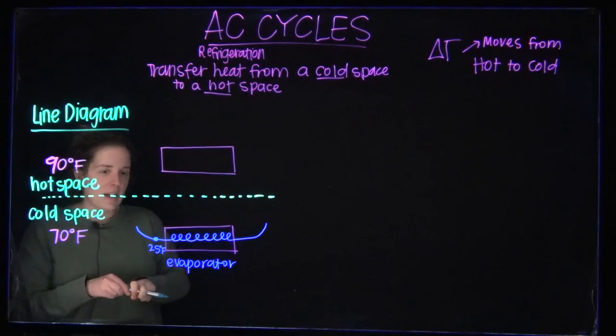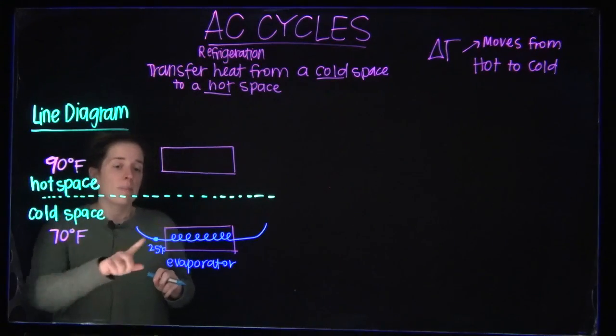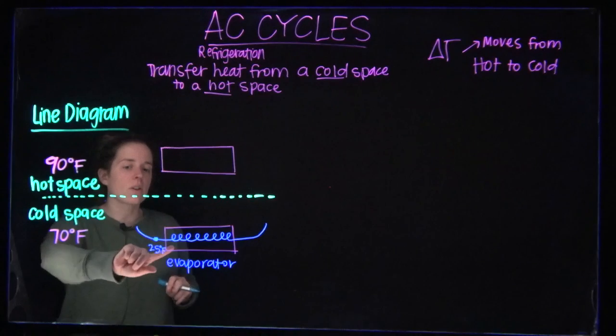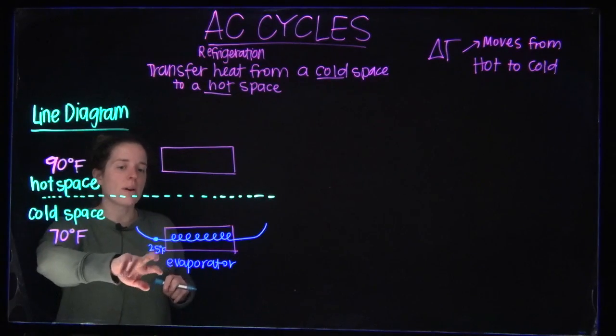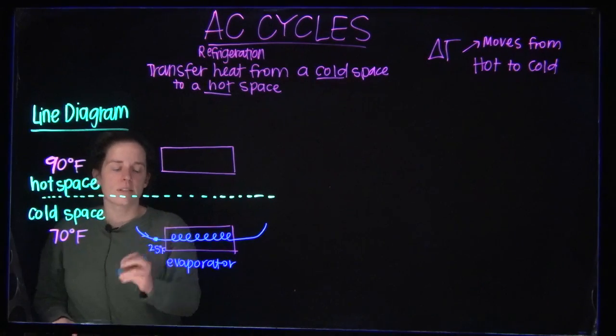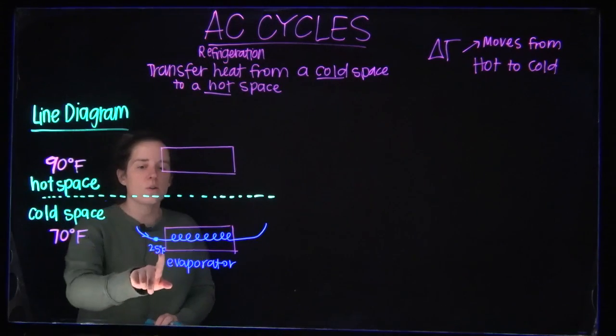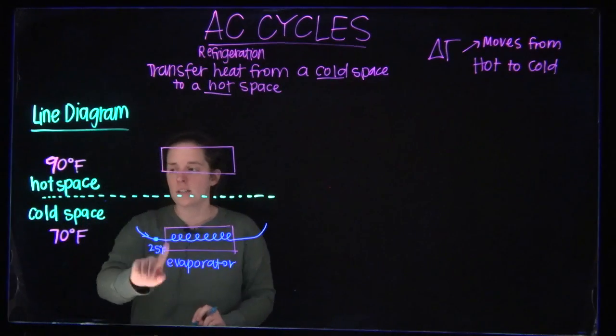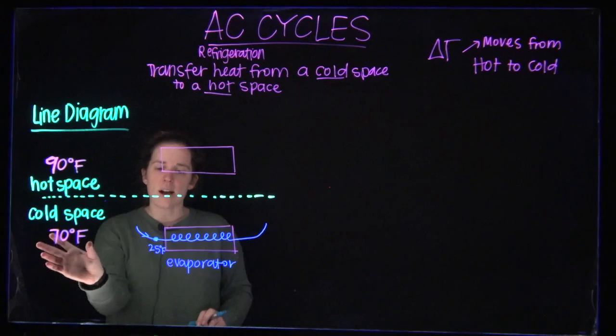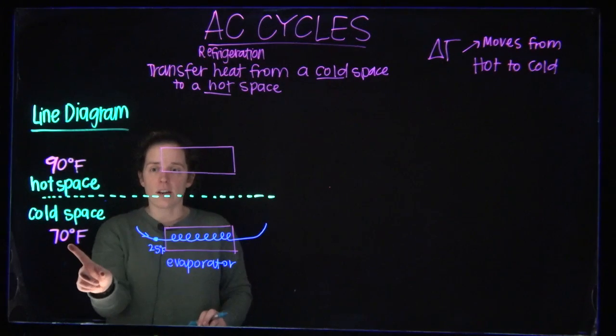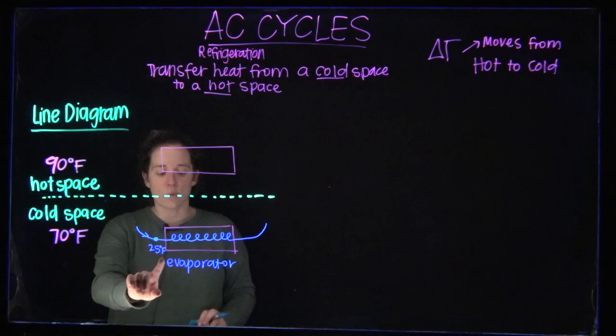So you'll notice that that's pretty cold. But in an evaporator, the goal is to evaporate whatever that fluid is. So our working fluid is coming in here, it's going to be at 25 degrees Fahrenheit. You're on your cold space side, but it is 70 degrees Fahrenheit in your cold space. This is only 25.